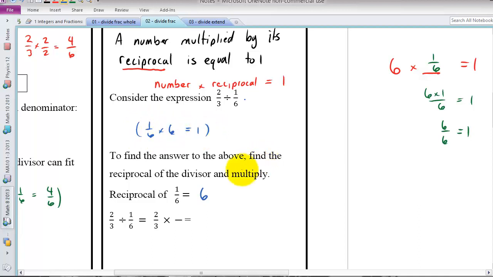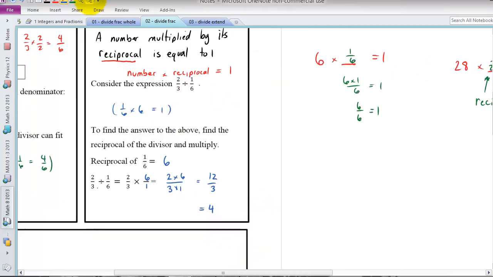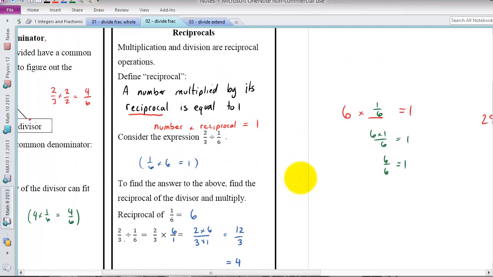So 2/3 divided by 1/6 is the same as 2/3 times 6 over 1, which is 2 times 6 over 3 times 1, which is 12 over 3, which is 4. In the big picture, this is what you're probably going to use the most when dividing by fractions as you move on through math.